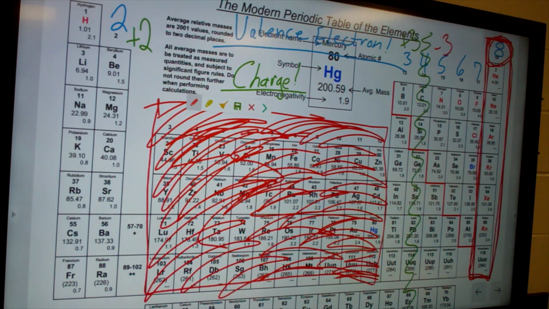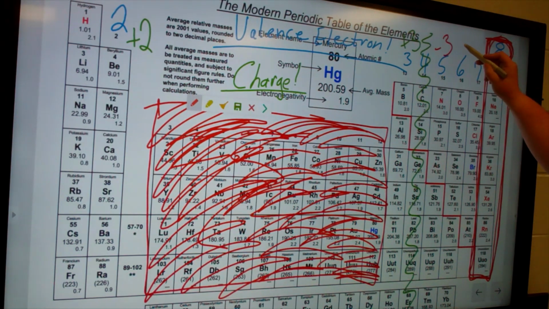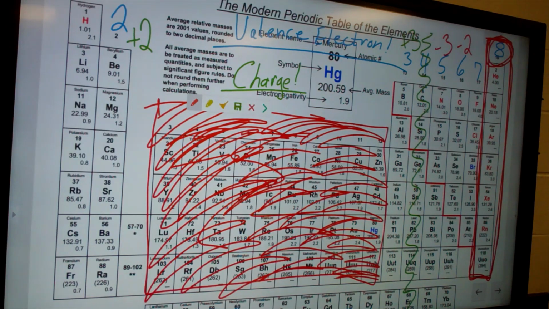Column 16 will form a negative 2 charge. Column 17 will form negative 1. So it just goes backwards? Exactly. It's like a mirror reflection, but you change the sign.